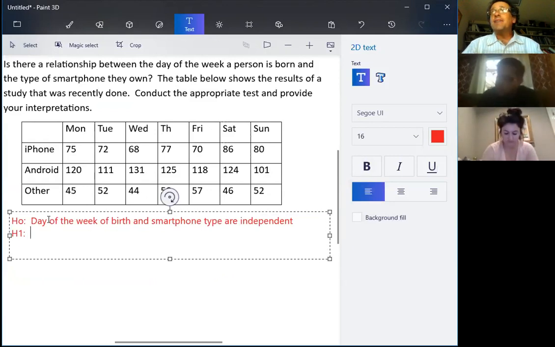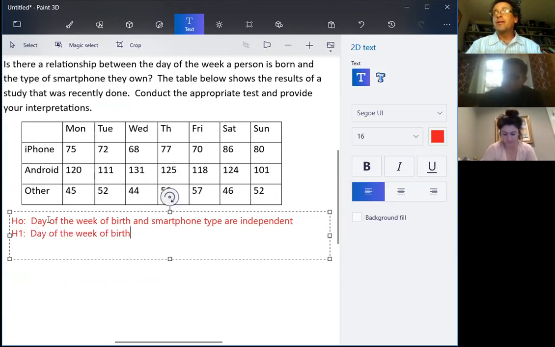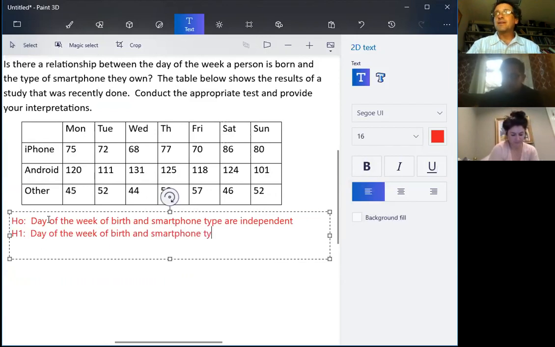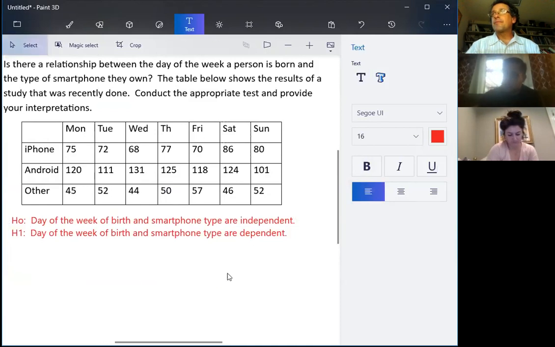You could say not independent, but what's a simpler way to say not independent? Dependent. Okay, that's a little easier. Day of the week of birth and smartphone type are dependent. Any questions on H0 and H1?